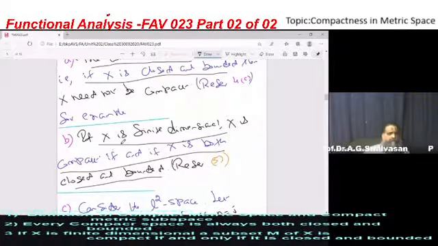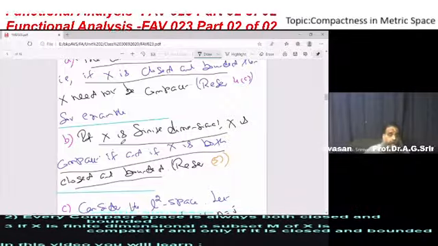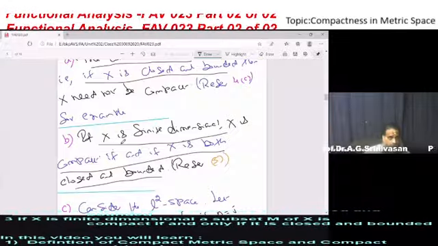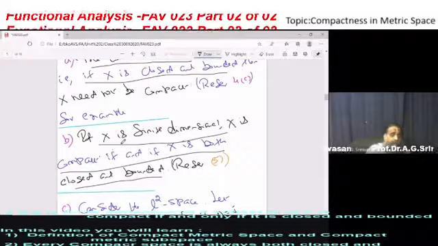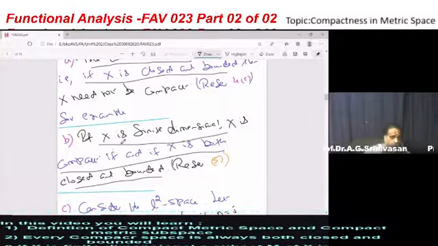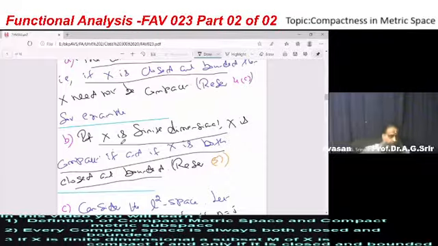So all these things we have seen in the last class. And we even proved in the last class that in a finite dimensional normed linear space, any two norms are equivalent. We are going to add one more feather to this discussion: in a finite dimensional vector space, compactness implies both closed and bounded, and closed and bounded implies compactness. We'll prove it after some time.